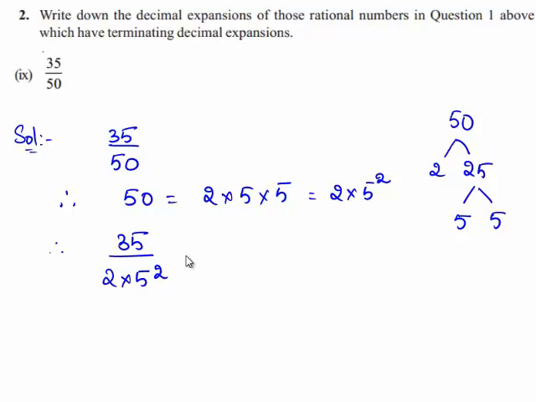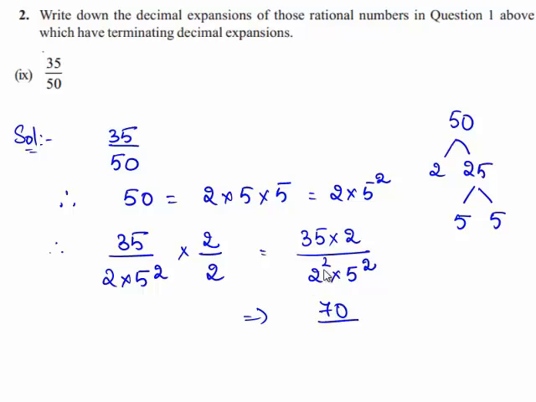Now to obtain its decimal expansion, we need to multiply the obtained rational number with 2 on both the numerator and denominator. So now we have the numerator as 35 times 2 by 2 times 2 is 2 square and 2 square times 5 square, which implies 35 times 2 is 70 by 2 times 5 is 10 and it is 10 whole square.